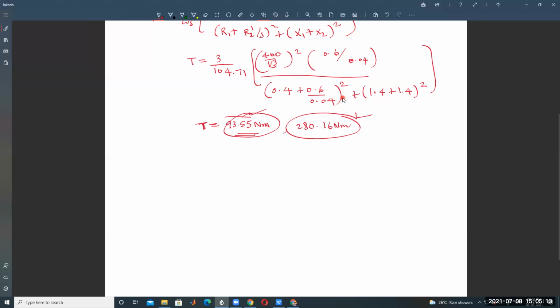Three divided by 104.7. Use calculator. Anyone check if this answer is correct or not? 0.6.